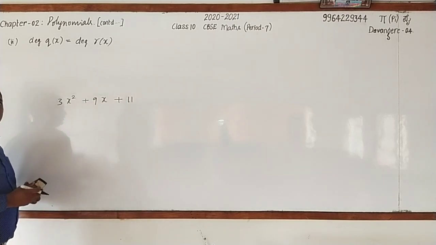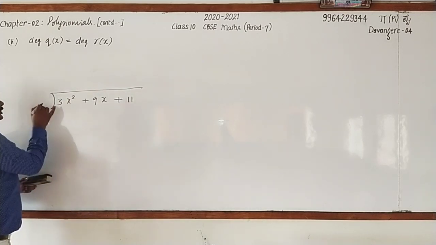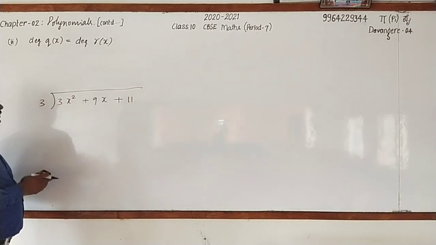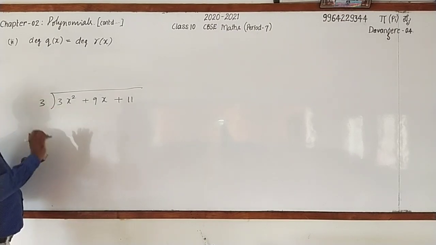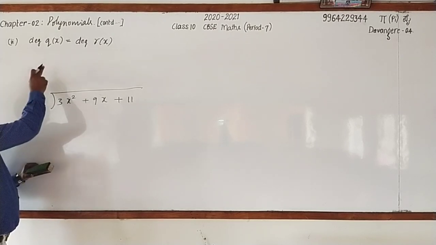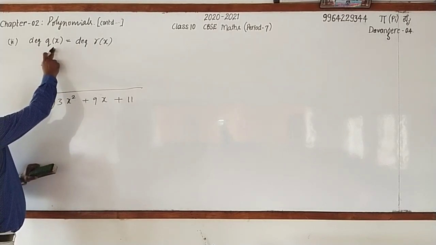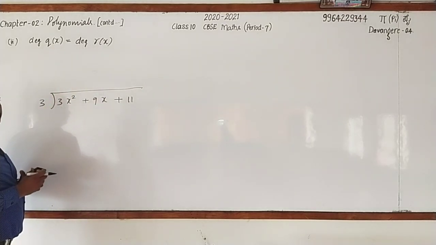Can we take so? This is one polynomial. Then I am going to take 3, because here 3 is there, 9 is there. For the first two terms I have taken the multiples of 3, and here the divisor is 3. What is the condition? Degree of q of x and degree of r of x should be same.